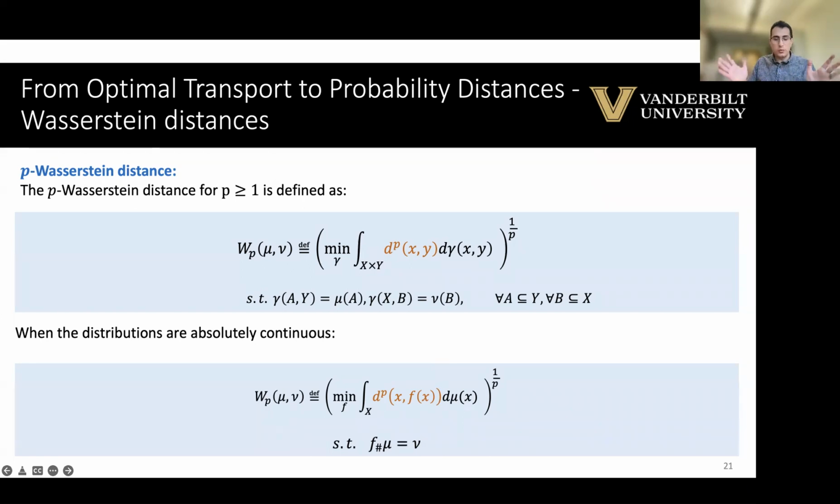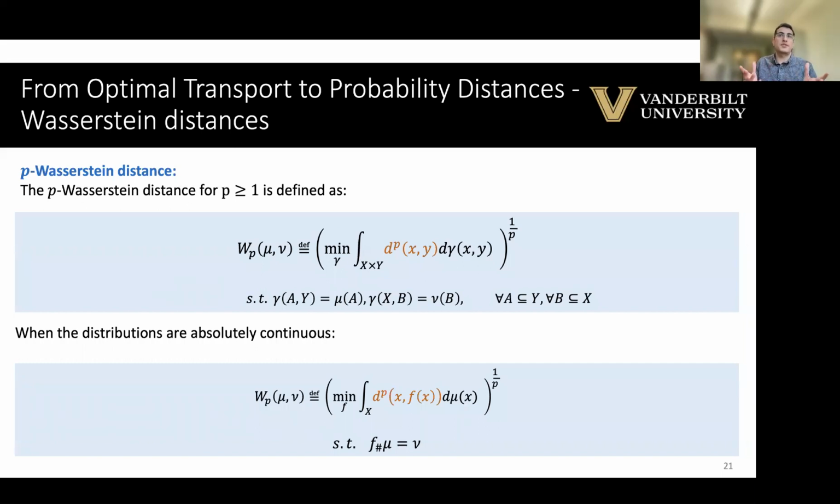Now, there has been a lot of work on making this calculation faster. In particular, the entropy regularized version of this objective function has become very popular, and that reduces the computational complexity to n squared log n. But nevertheless, that's still quite expensive in a lot of machine learning applications where the number of particles grows.